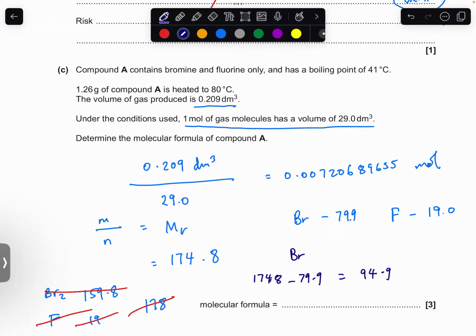So that will be BrF5. 1 mark for the moles, 1 mark for the molar mass, and 1 mark for the answer. That is the end of this question. See you tomorrow.